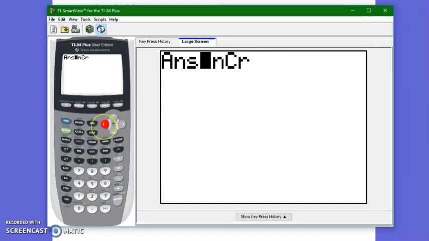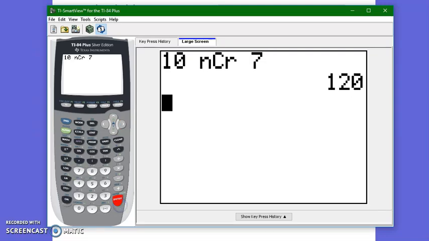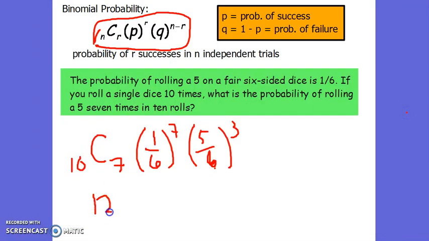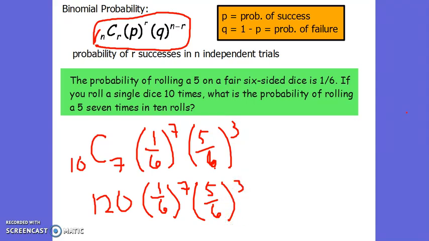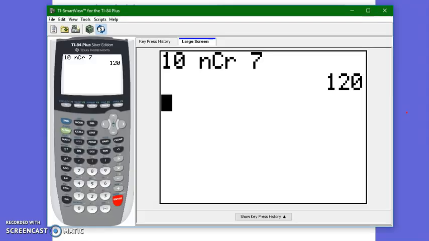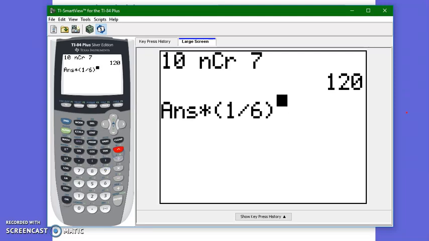Again, we wanted to put our 10 in first here, so we needed to say 10 combined 7 different ways. We can do that 120 different ways. So we need to take 120 times 1/6 to the 7th times 5/6 to the third. And if we actually compute that, so we're going to multiply that number that we just got by 1/6 to the 7th.